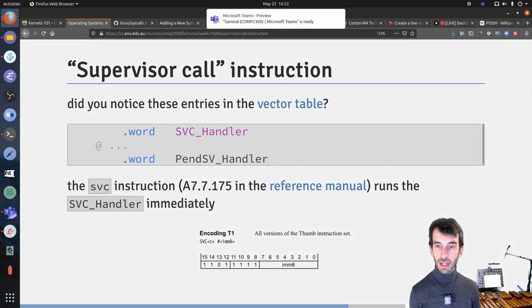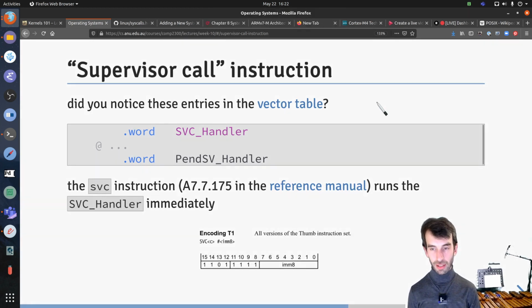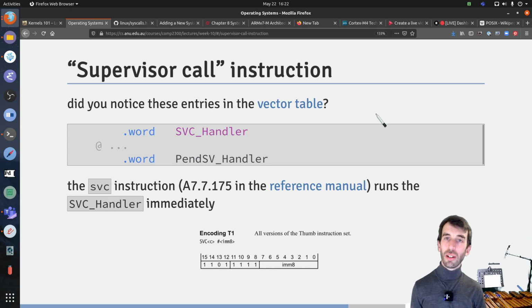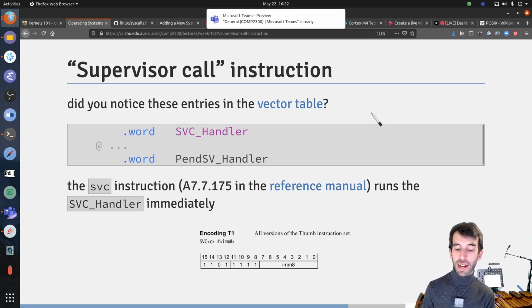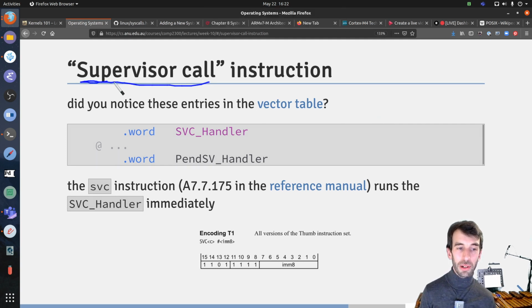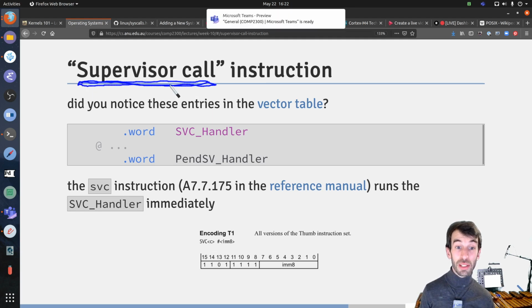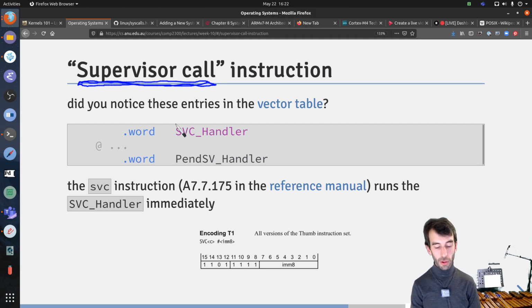We're talking about the idea of your operating system having a system call, so you would get some way of talking to the OS. And this is the way we do it on the Disco board. If you wanted to make an OS and you wanted to have a way of an individual unprivileged process being able to talk to the OS, you would use this supervisor call instruction.